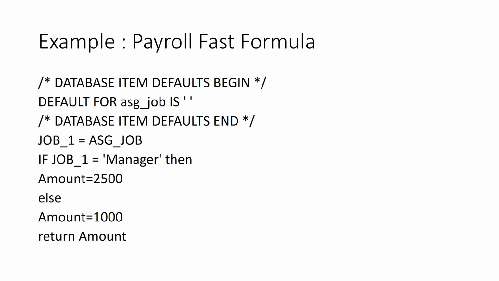Now this ASG_job is the database item which we are going to compare with the job name of manager, and then we are going to return the value. So this is a very basic fast formula. In reality, fast formulas are quite a lot more complicated, not as simple as this. I just put this formula in order to give you an idea of how a fast formula looks.